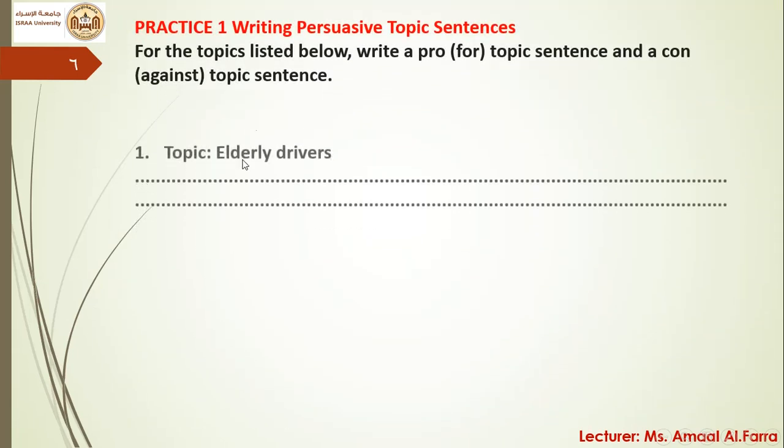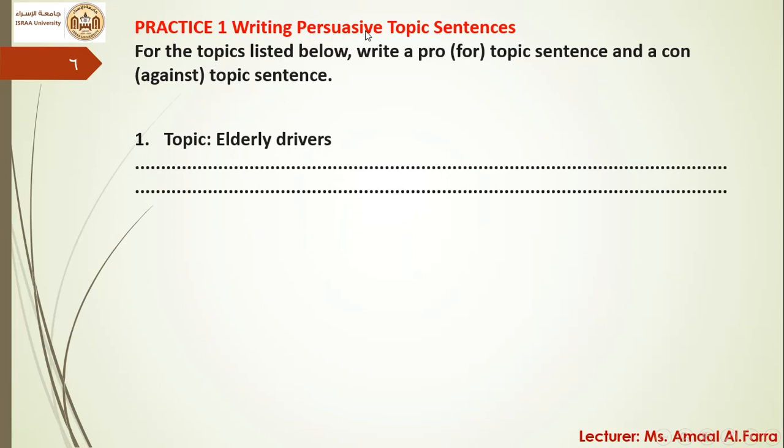In this activity, I want you to use these lists of topics to write a pro topic sentence and a con topic sentence. I want both pro and con. Here, for example, I want you to write about elderly drivers, the old drivers. I want you to write two topic sentences.